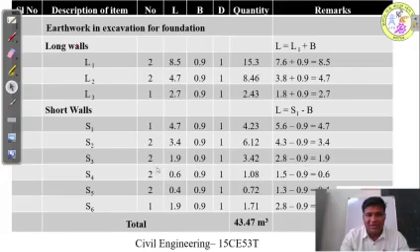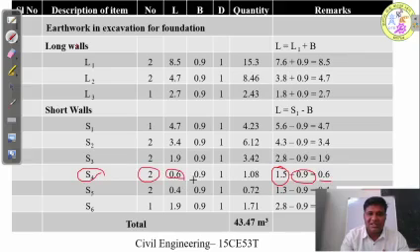So 1.5 is the center to center length of the wall, and there are two numbers. 1.5 minus the breadth, that is 0.9, will give me 0.6. So 0.6 becomes the length, and width and depth are same, 0.9 into 1. So number into length into breadth into depth will give me 1.08 cubic meters, the quantity.